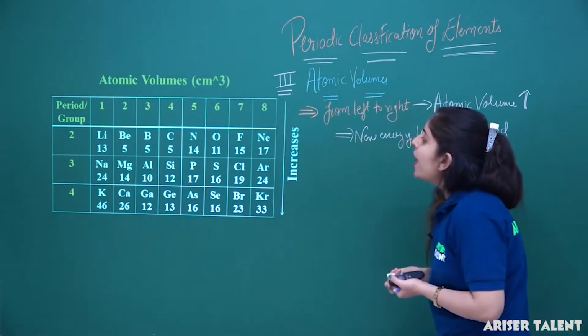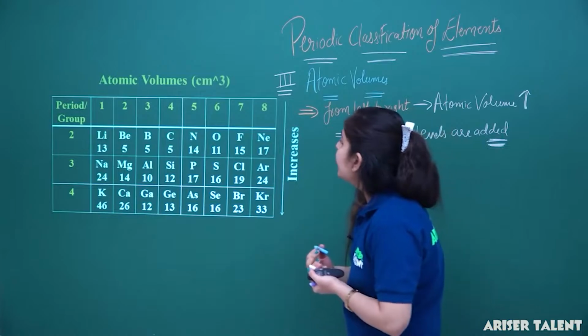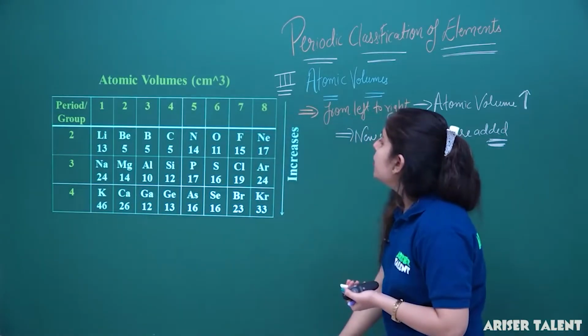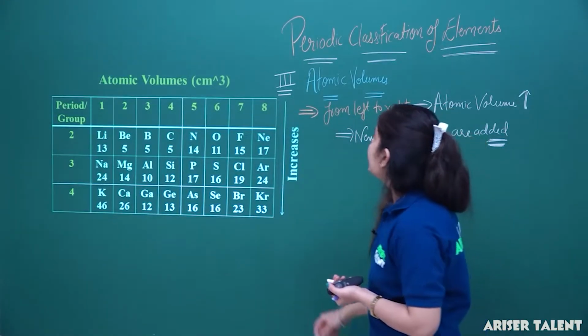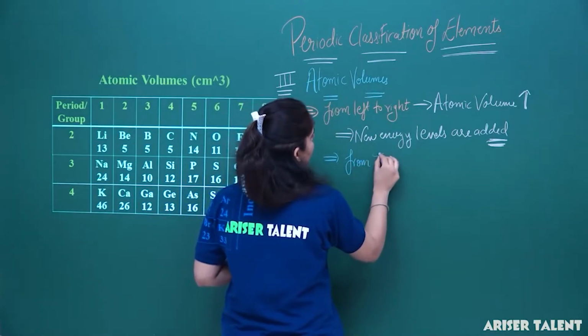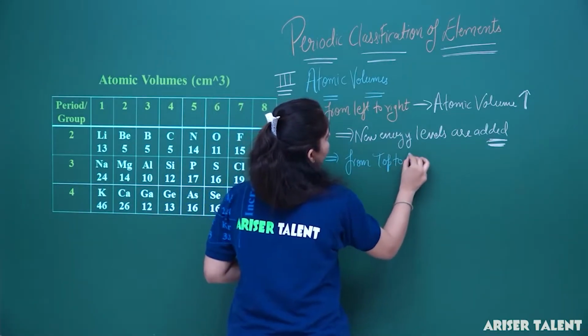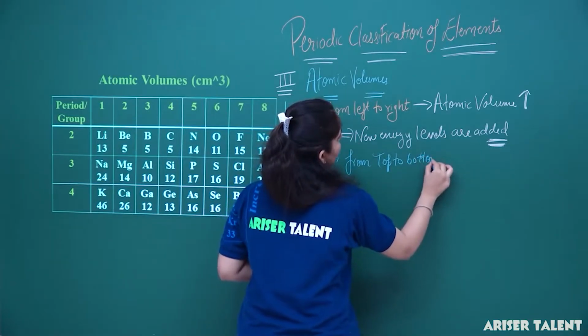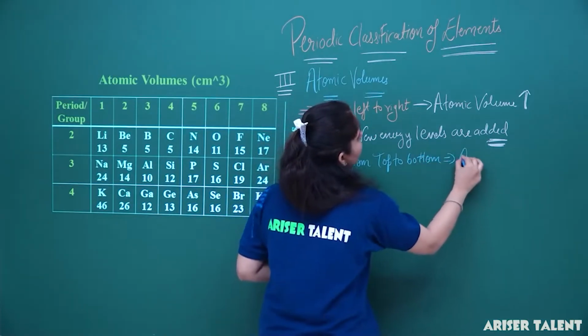Now, what will happen in the group? You can see here, in going down the group, the atomic number increases. So we can say that from top to bottom, atomic volume will increase.